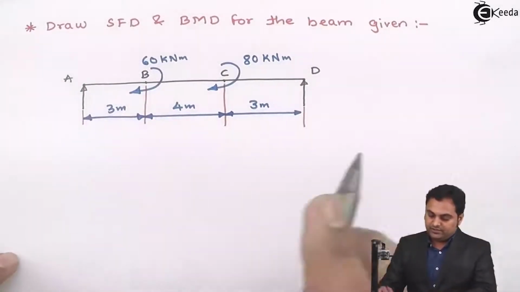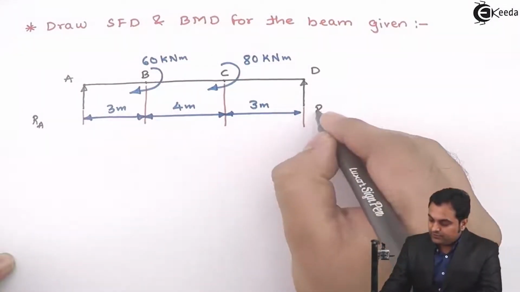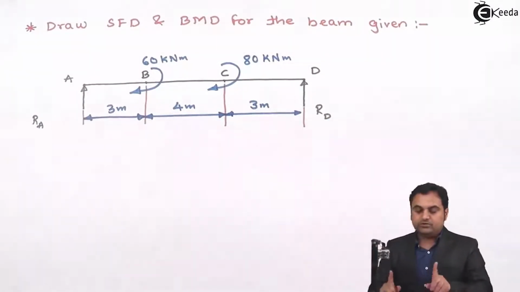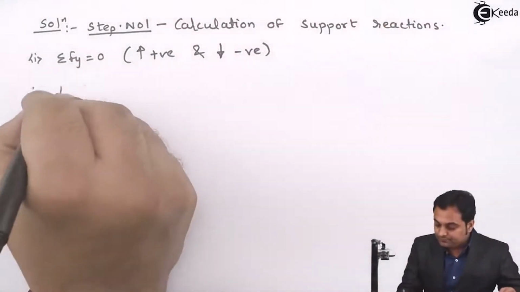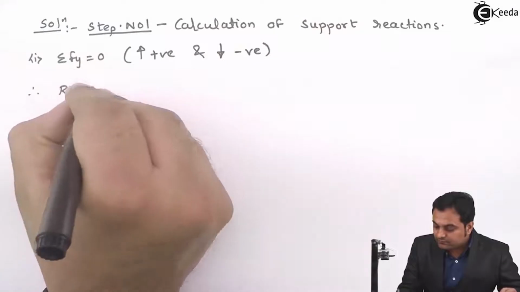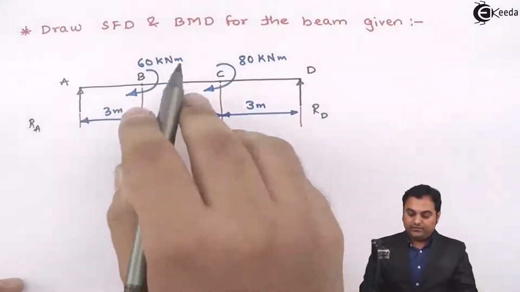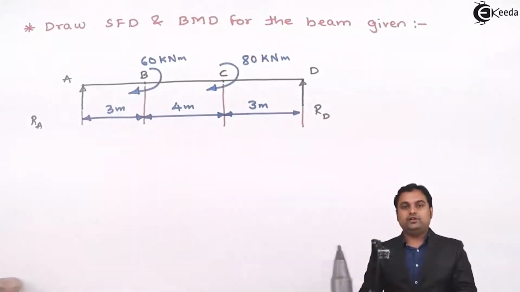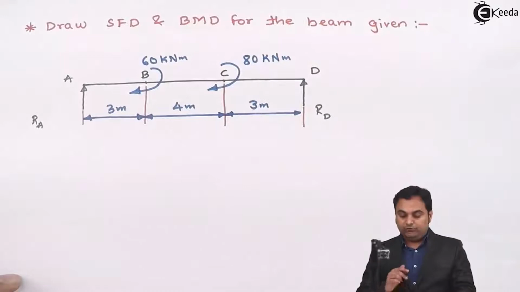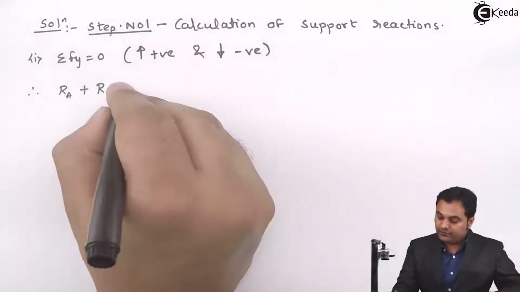if we see here, it is supported at A, so there will be a reaction at A. Supported at D, so a reaction at D. Both are upward, so positive: Ra plus Rd. Now, there are no vertical forces over the beam. Only couples are there, no UDL, no point load, no UVL. So the total amount of loading here is equal to 0.